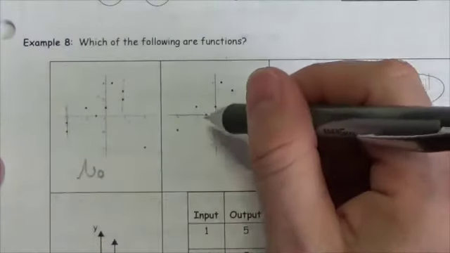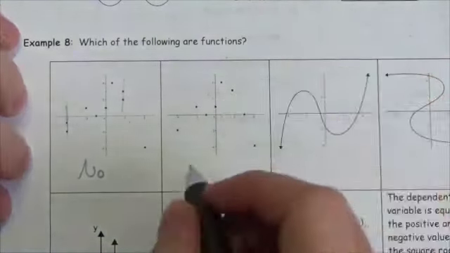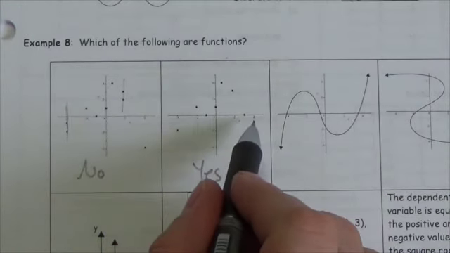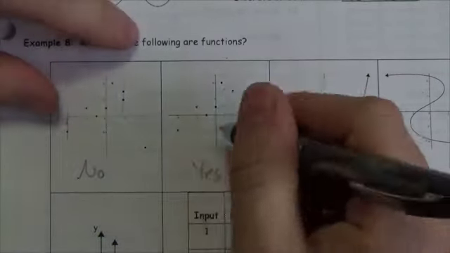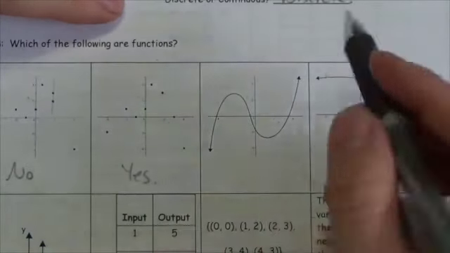But here, it doesn't matter where I draw that vertical line, everybody here is slightly offset. Yes, this is a function. Every value of x knows exactly what y coordinate it's producing. There's no indecision there. Here, same sort of thing.